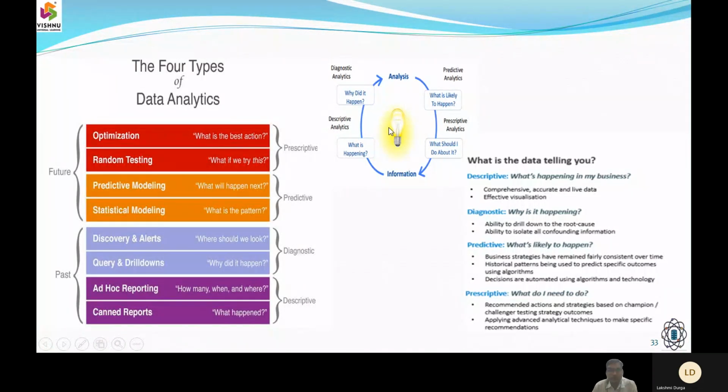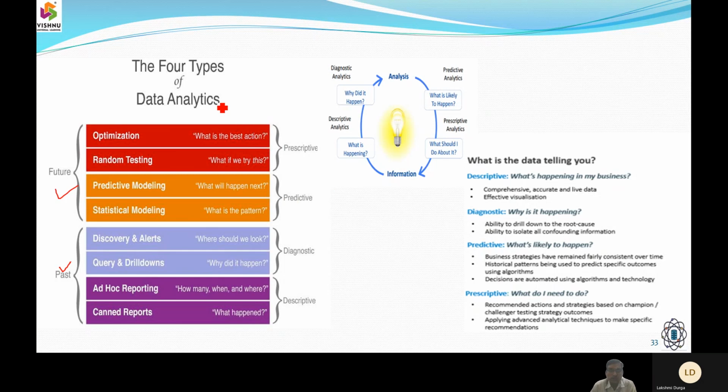Now in this class, we will look at the four basic types of data analytics, which are mostly used in data science. In this case, we have two items: one we call past and another we call future.